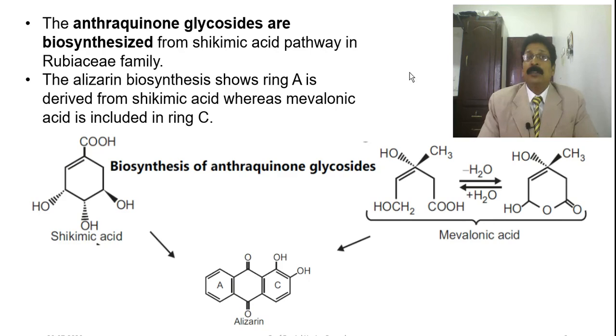There are many anthraquinone glycosides, but we have taken only one example, alizarin, which is present in the Rubiaceae family. The mevalonic acid is responsible for ring structure C, and the A ring is formed by the shikimic acid pathway. Aromaticity will be given.